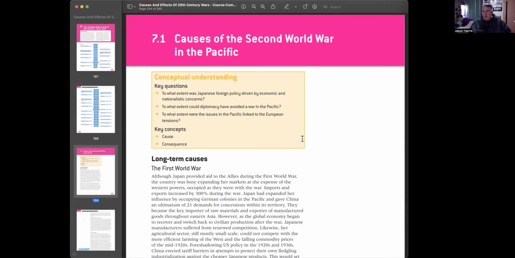How are they going to pay for the things they need to import as a small island nation? They don't have a lot of oil or rubber or steel. They need all of those things. And to what extent was it driven by nationalistic concerns? This idea that Japan is destined to be the leader in Asia. They are the maybe superior Asian people, more so than the Filipino or the Chinese or the Vietnamese, etc.